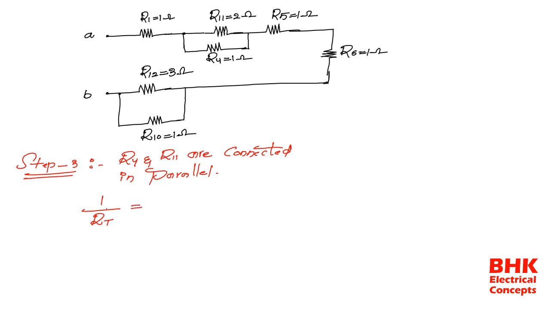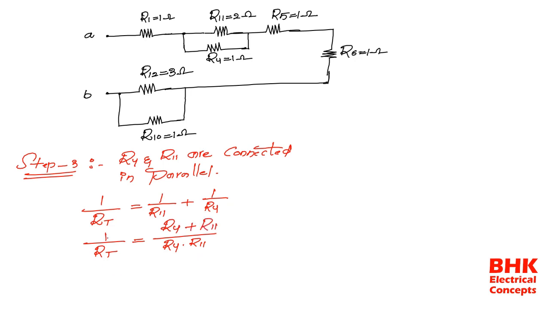So reciprocal of total resistance, 1 by RT is equal to what? 1 by R11 plus 1 by R4. Okay, now here 1 by RT is equal to, we can simplify here. So 1 by RT is equal to, take LCM R4 into R11, and the numerator we will get R4 plus R11 by simplifying.